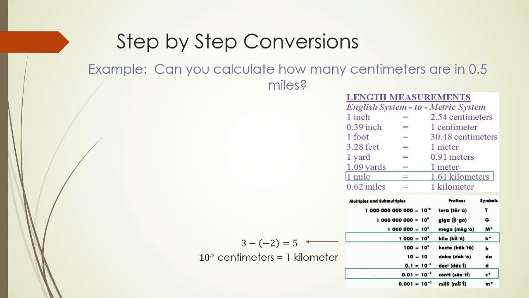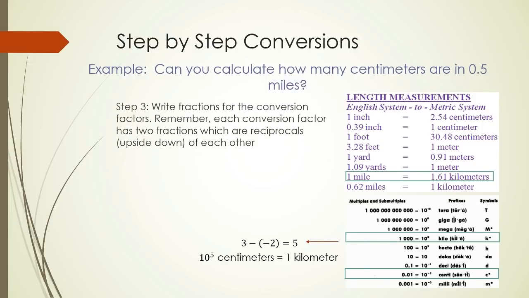Now, I need to write these conversion factors as fractions, like 1 mile over 1.61 kilometers, or 1.61 kilometers over a mile. So there's two fractions that come out of every single conversion factor. They're called reciprocals.